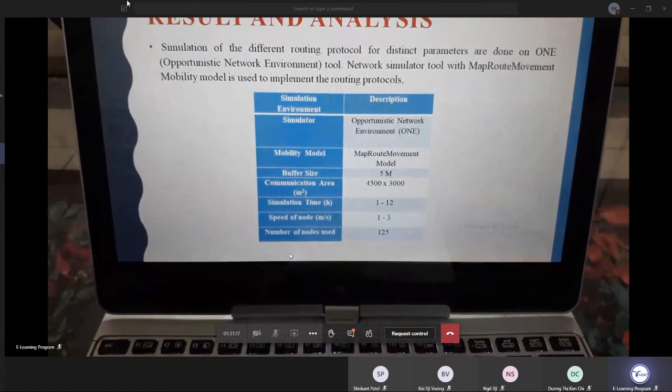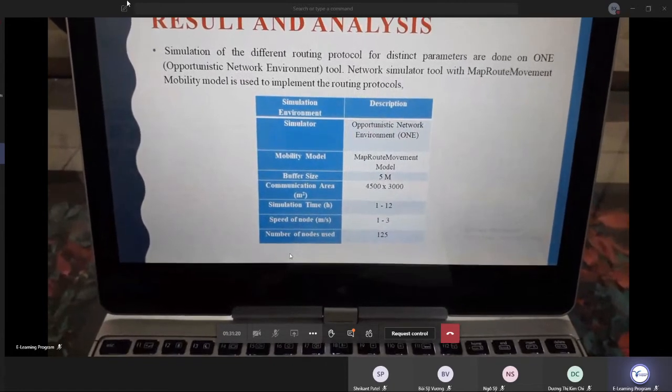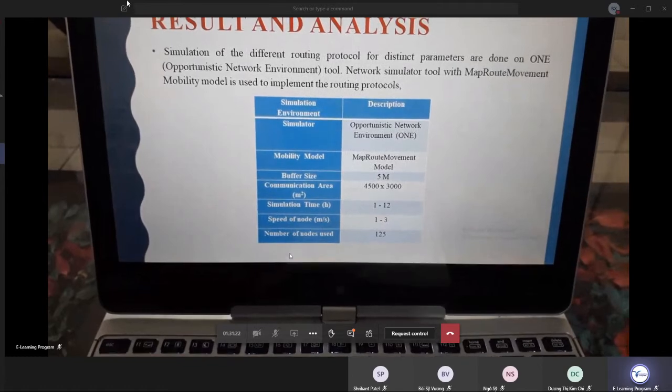Here, as shown in this table, I used one tool.